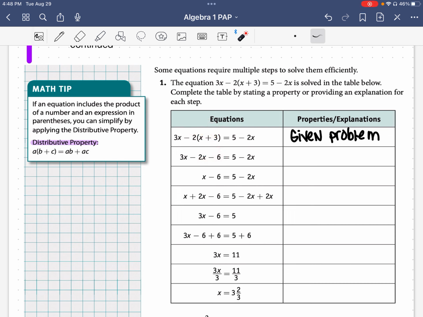The reason we're seeing a minus here and not a plus is because of the minus right here. We're actually not just distributing a 2, we are distributing a negative 2. So it's negative 2 times x, negative 2x, and then it's negative 2 times 3, negative 6. But this is simply the distributive property.